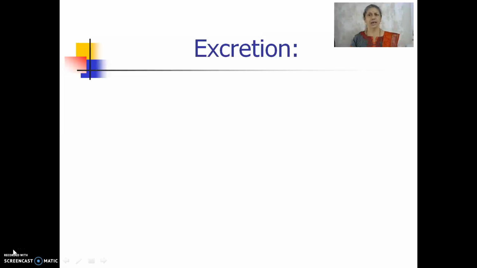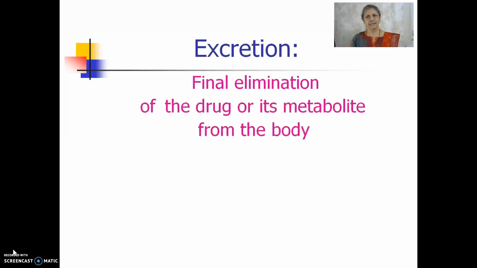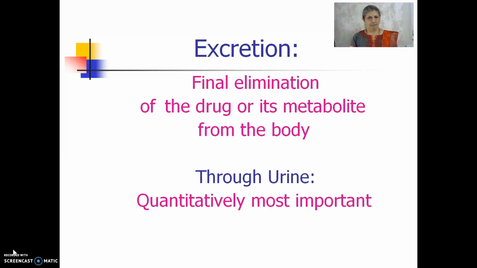So now we can actually define excretion in its proper perspective. It is the final elimination of the drug or its metabolite from the body. Major mode, as we said, is through urine.